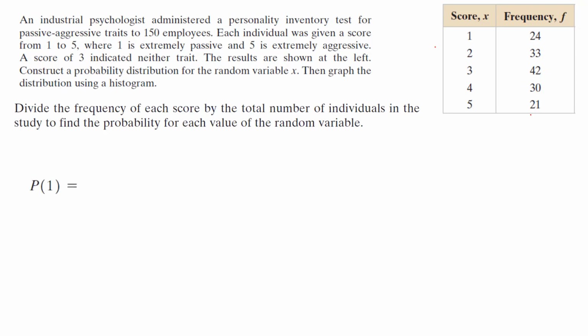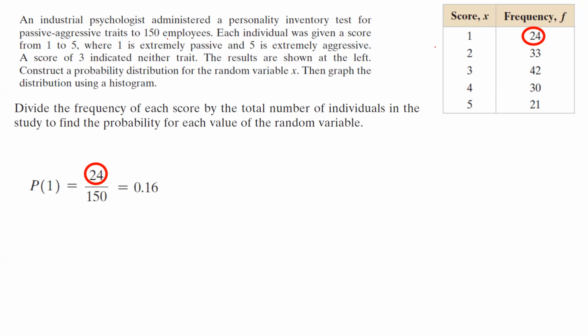So let us begin. Probability of score 1 is the frequency of score 1, which is 24, and you divide that by the total frequencies, or the total number of people who participated in the study. If you do the division, it's equal to 0.16.